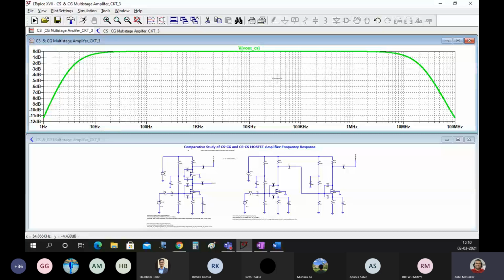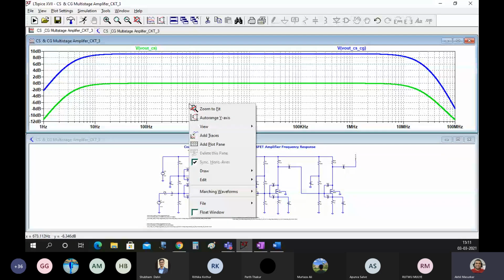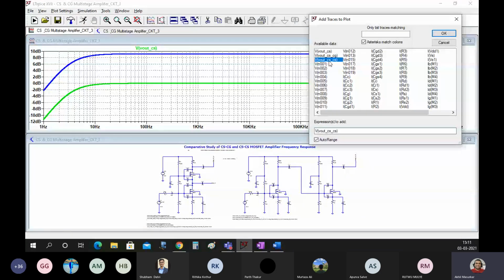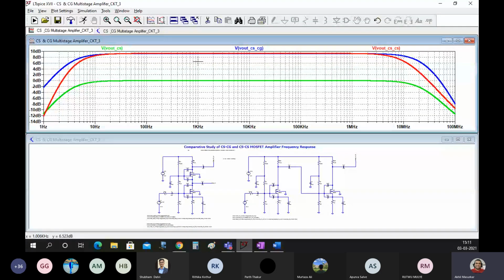Then I am adding the final output of CS-CG. I am expecting an increase in gain, and you can see 9.2 is what we got. Now I am adding the trace of Vout CS-CS, and this red line is for Vout CS-CS and the blue line is for Vout CS-CG.